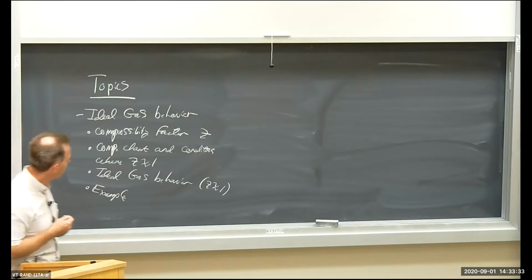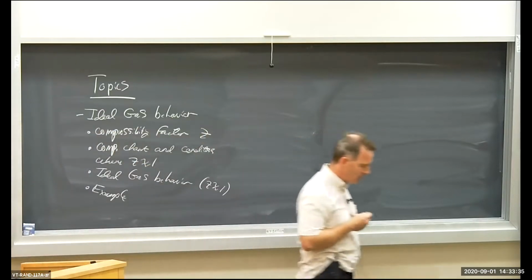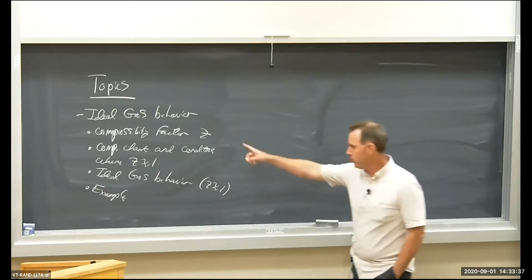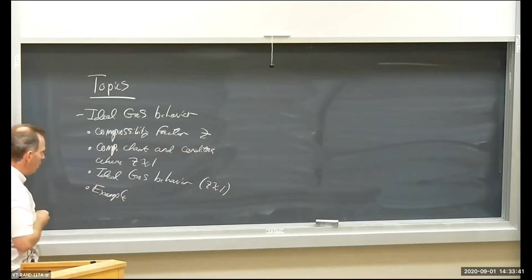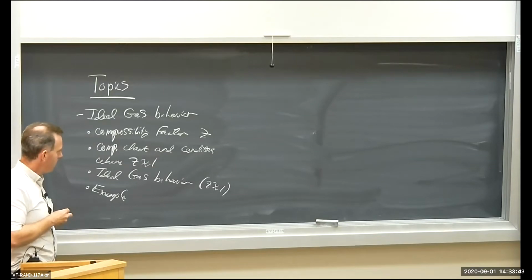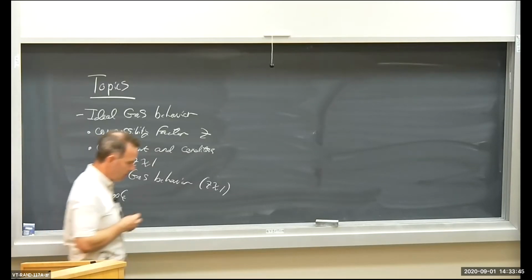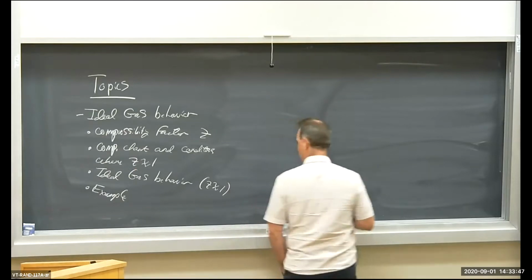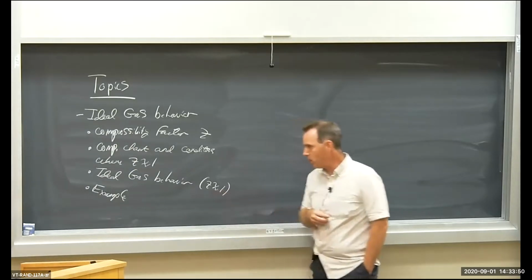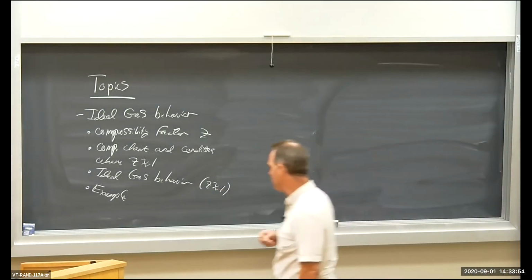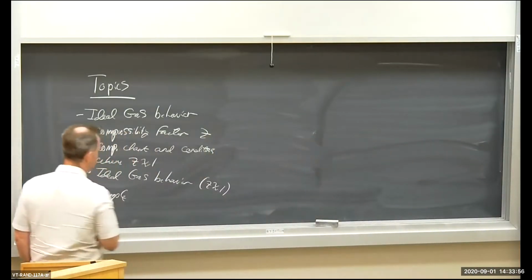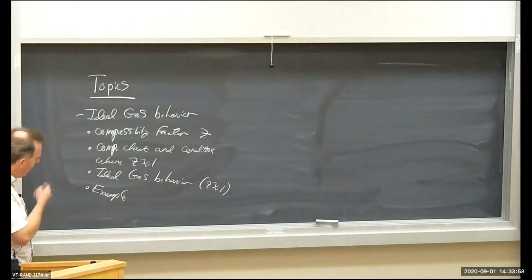We're also going to look at a quantity called the compressibility factor Z, and the compressibility chart. And then we're going to deal with cases where the compressibility factor is approximately equal to 1. In that case, there's a very simple relationship relating pressure, temperature, and volume for a gas. And then we'll do an example today.